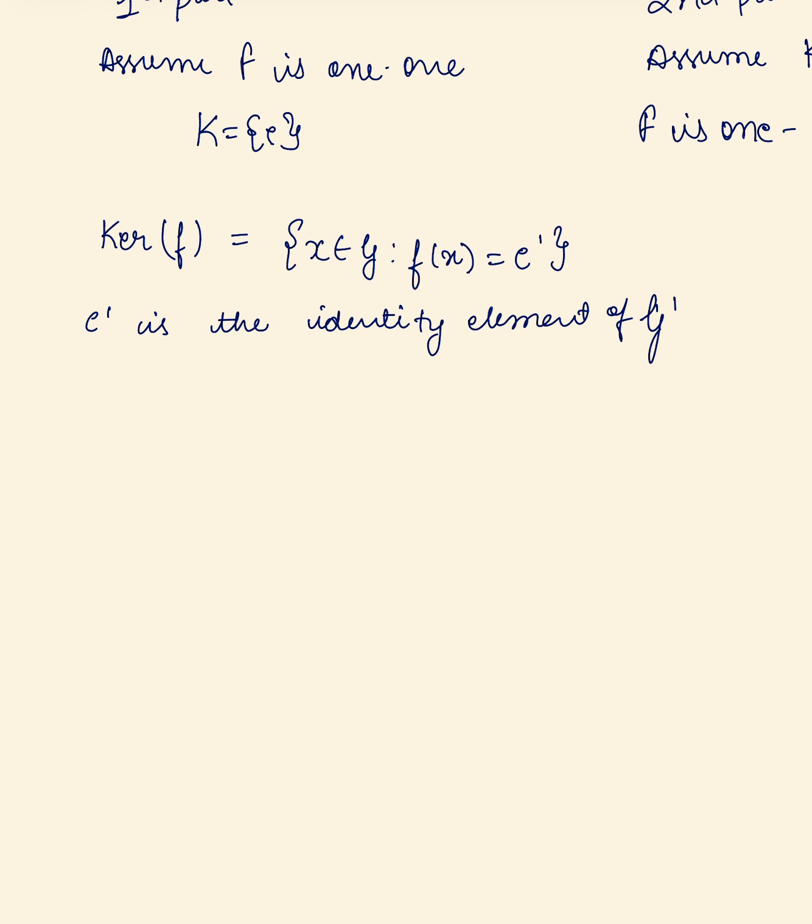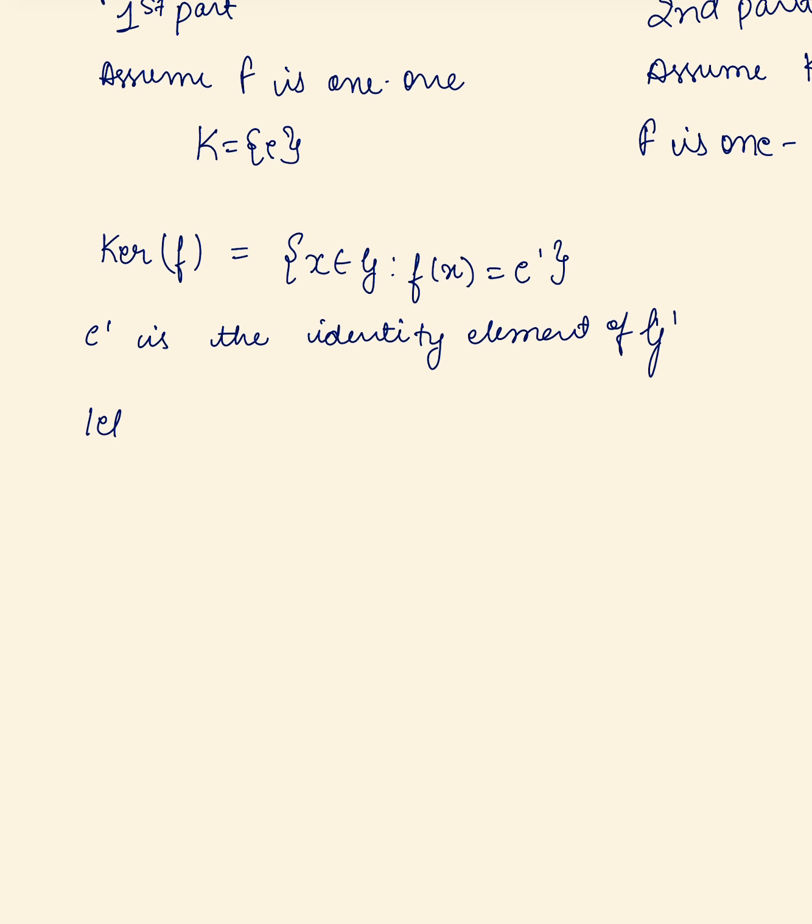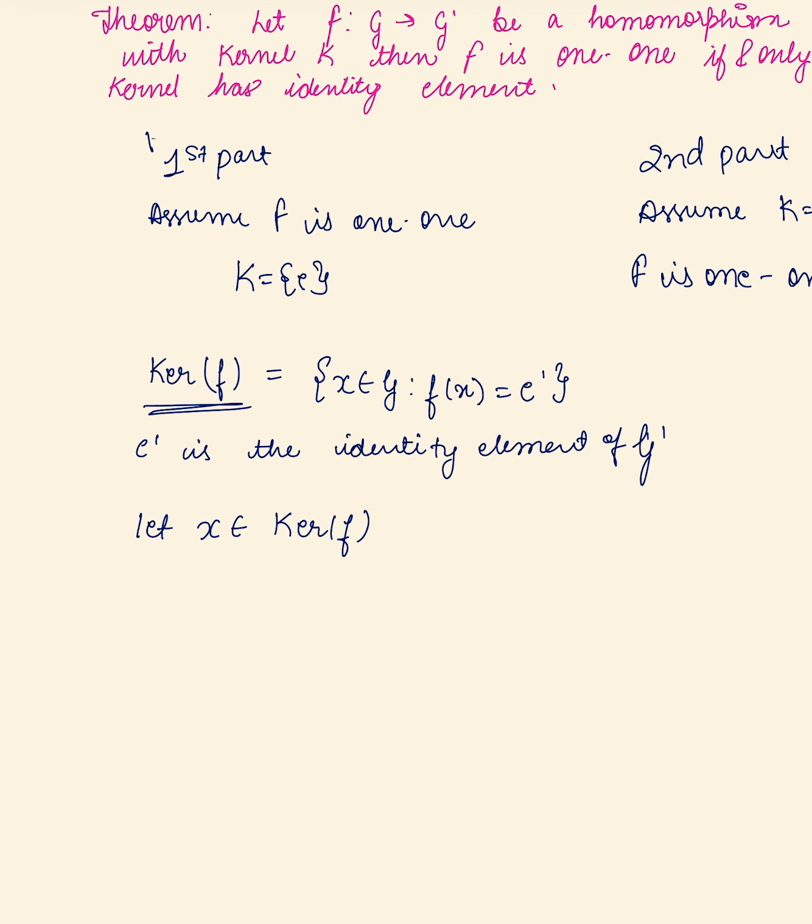Now we will take an element x that belongs to the kernel of f. Why am I taking this element x of the kernel? Because I want to show that x is the identity element.